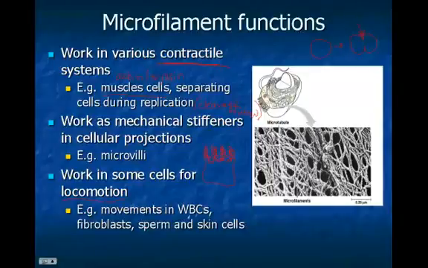And this will allow cells to do more of an amoeboid-like movement. So we'll talk about things like your white blood cells that will do this more amoeboid type movement when they're squeezing out of your blood vessels and into maybe an area where you've got a cut where there might be a foreign agent that you've been exposed to.